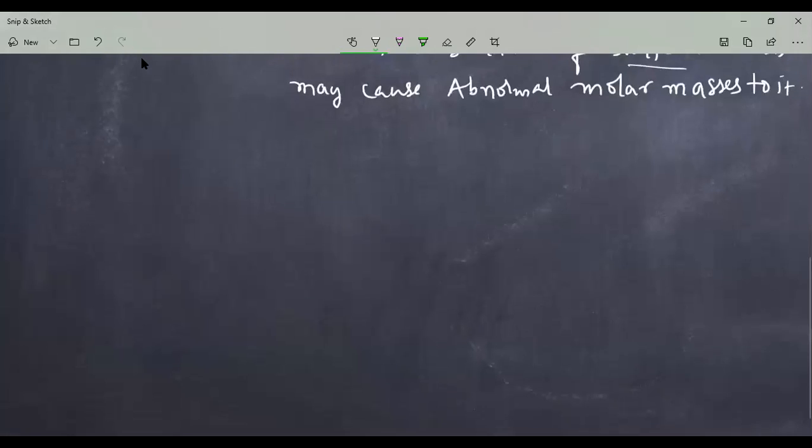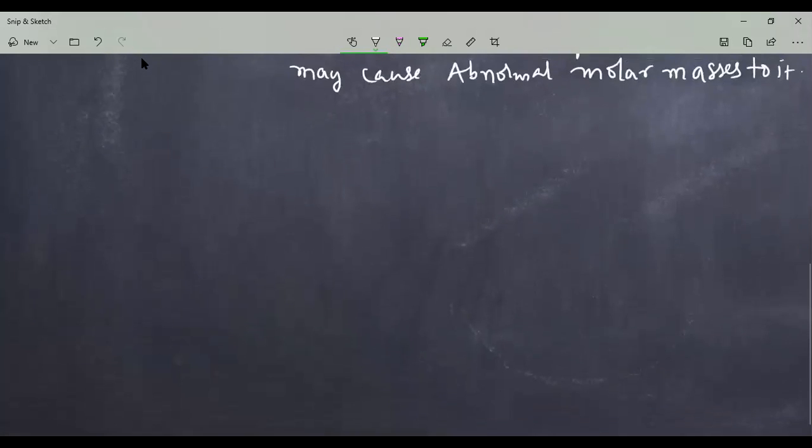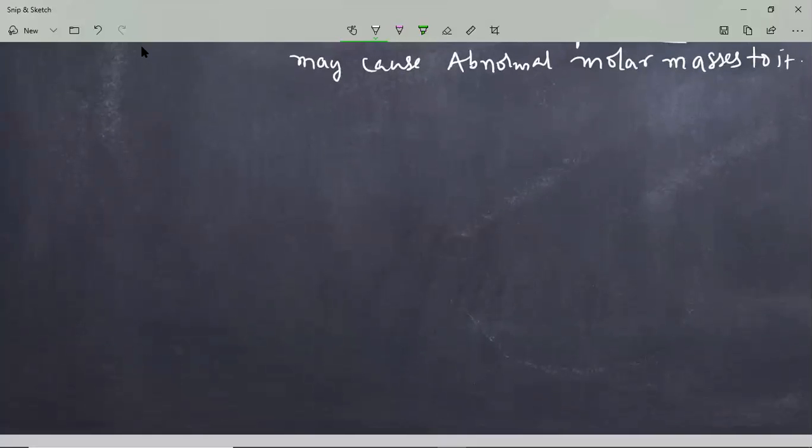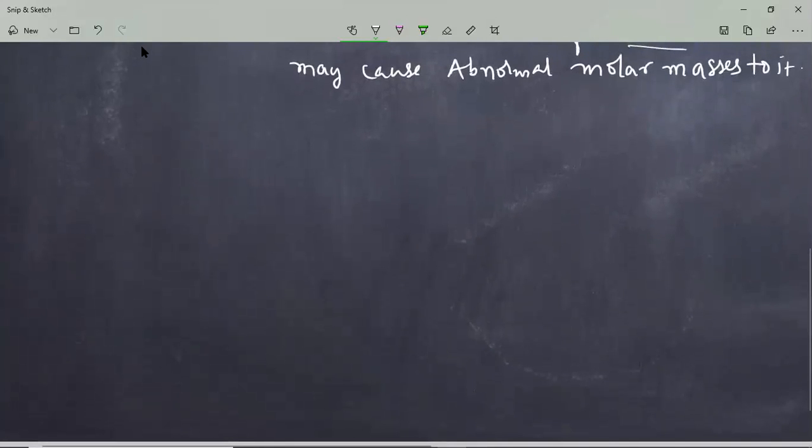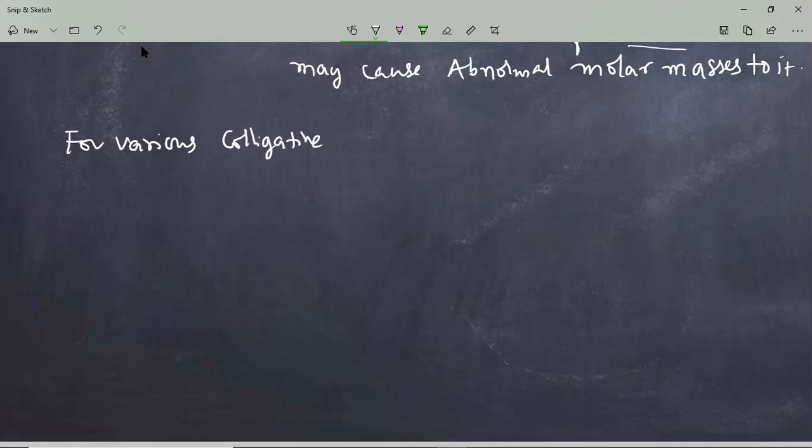Now we will observe exactly what this abnormal molar mass situation is for various colligative properties.